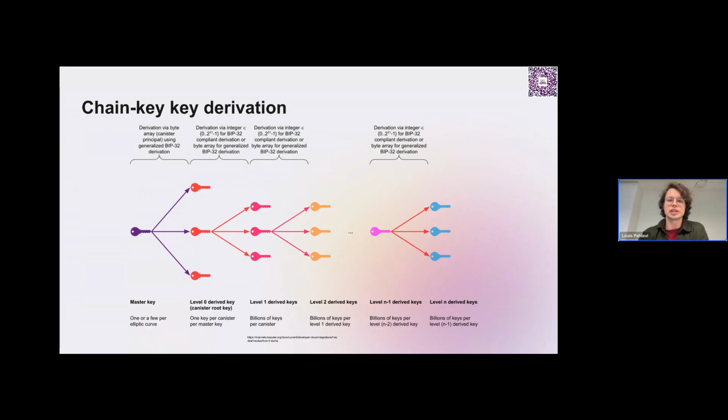Again, key derivation is a general concept, especially used in elliptic curve cryptography. But the idea is that it's a cryptographic process that deterministically generates unique keys from a root key. So you have a master key or a root key, and together with a derivation path, so another number essentially, or a hex string or something like that, you can obtain a new key pair.